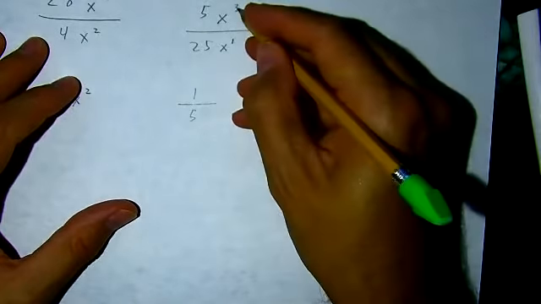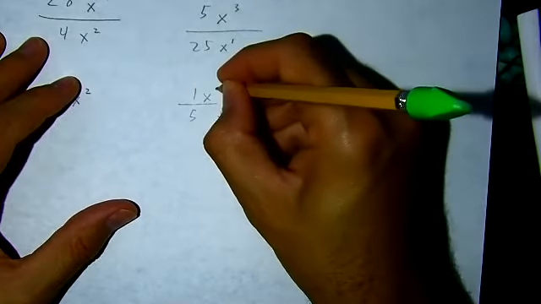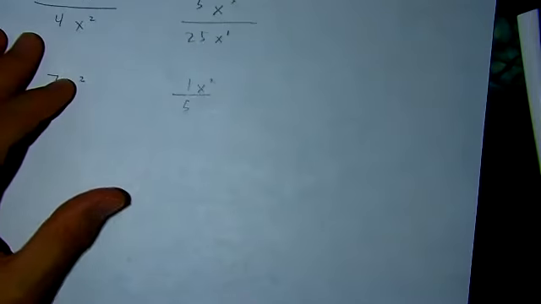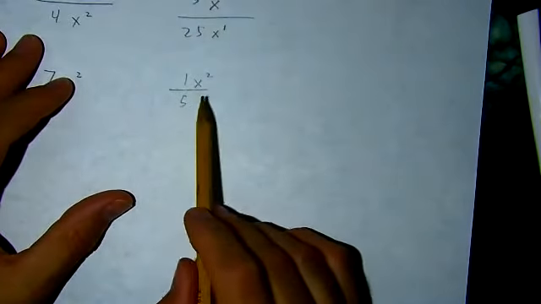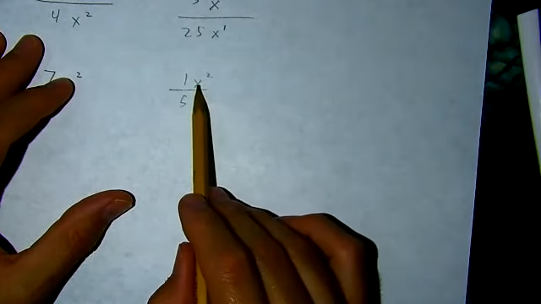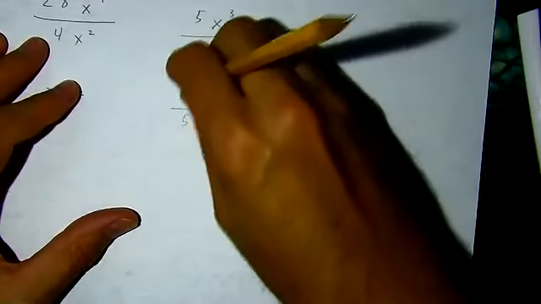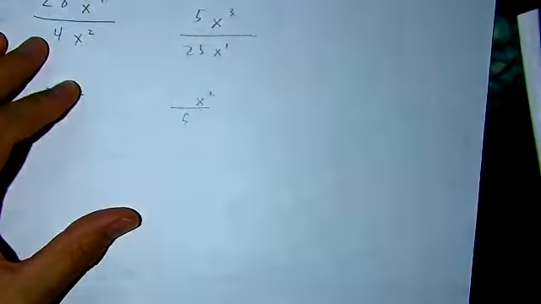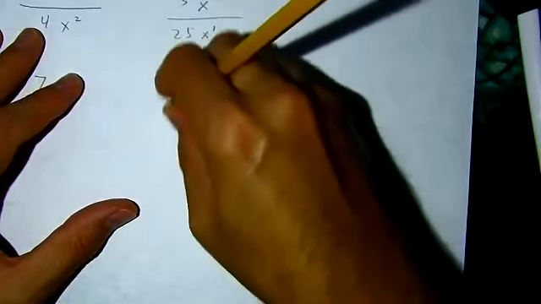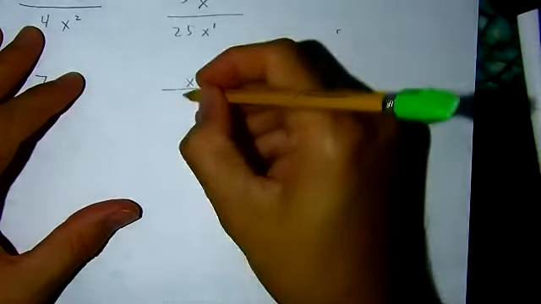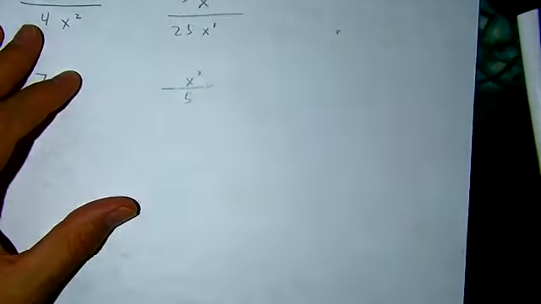And since the larger exponent was at the top, then the x stays at the top with the 2. Now, when you're left with a variable on top, you don't need this 1. I just wrote that 1 down for a placeholder. So that goes away. So really, you can line those up if you want. Really what you've got is x squared over 5 as an answer.